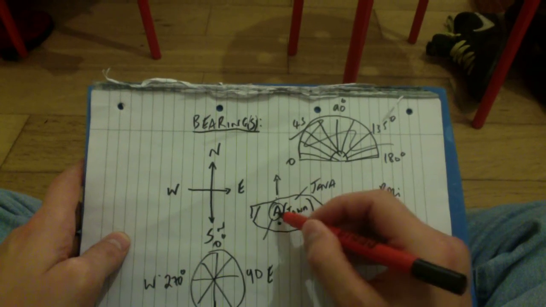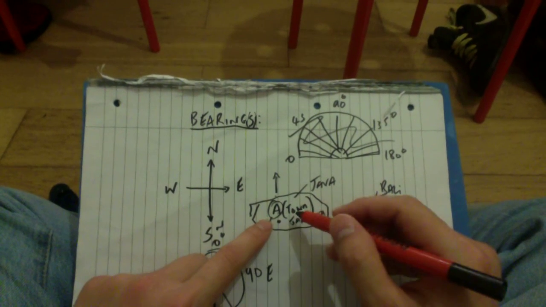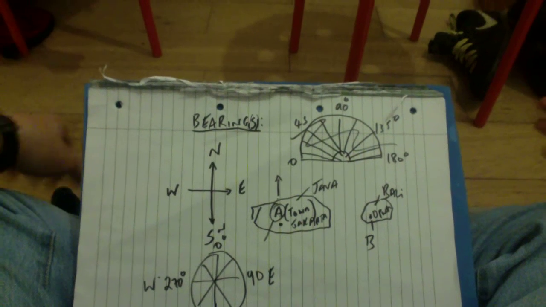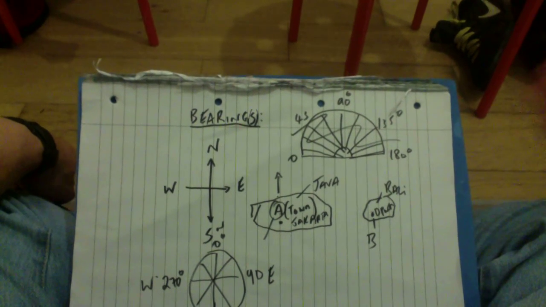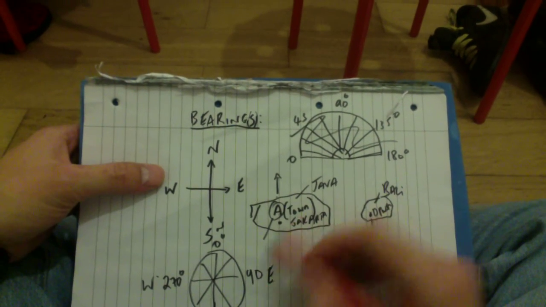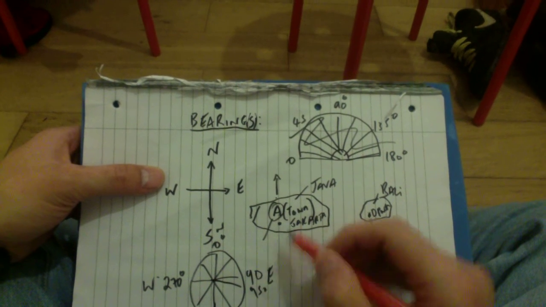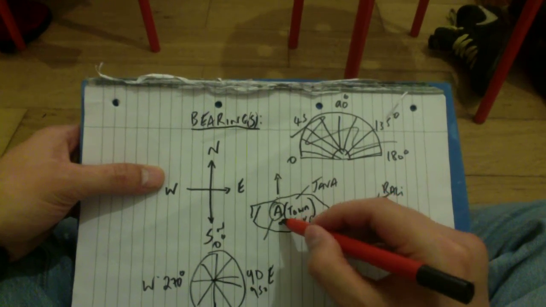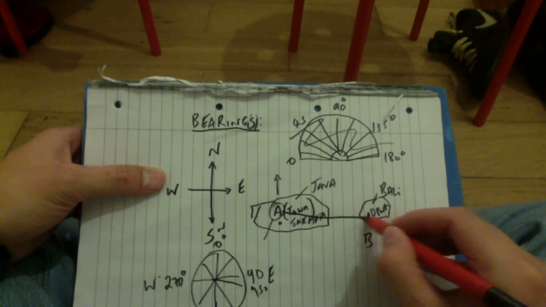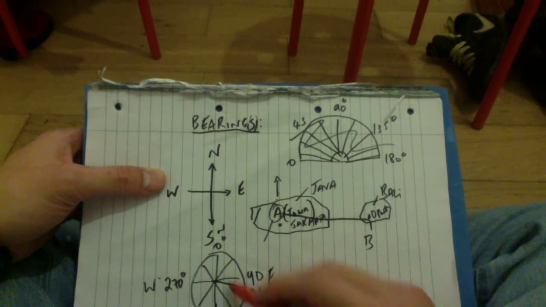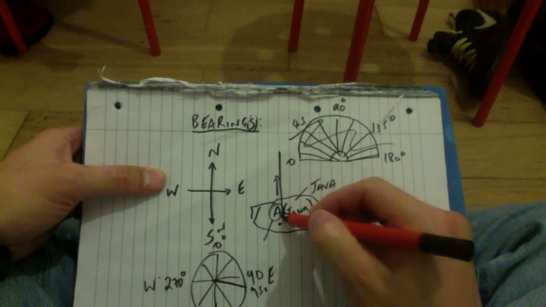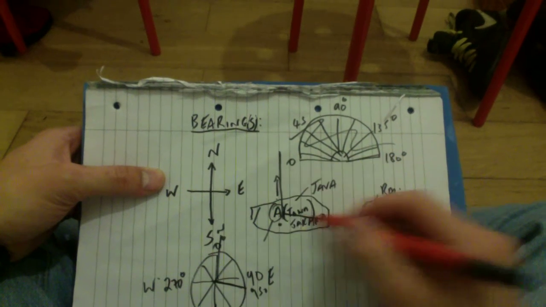So if I was to put that over A, and I want to tell someone I'm going to Bali or Denpasar, the bearing I would say would be closer to 90 to 95 degrees. Because the direction from A is that direction. It's east. That's the angle I'm going at.